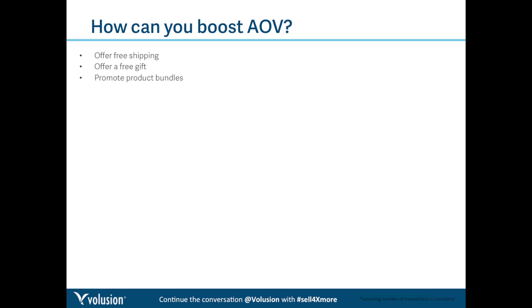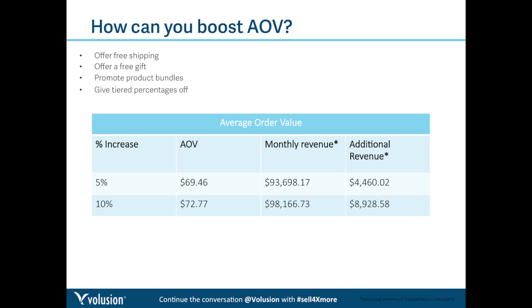They might begin offering product bundles to really drive up that cart value. Or they might try a tiered percentage off, so giving rewards for purchases over 75, 10% off orders over $75, 15% off orders over $100. In this table below, you can see how these little tokens to raise average order value could pay off in exponentially growing additional monthly revenue.